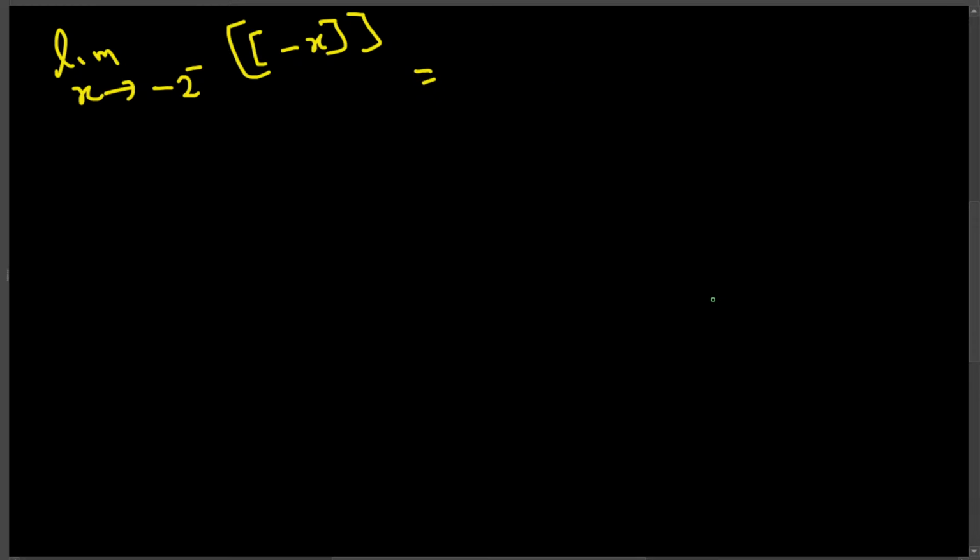So let's do it here. From the left side, it means the value should be less than negative 2. A value less than negative 2, such as negative 2.1, will work. That's less than negative 2.